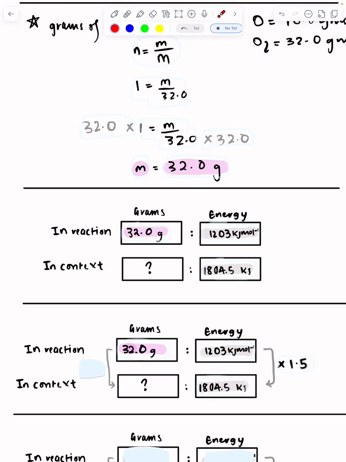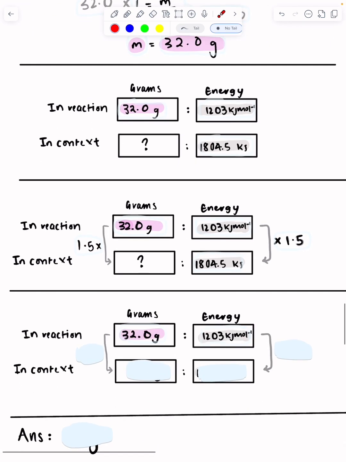Once you do that, that gives you the number you need to multiply this grams value by. What you do to one side of the ratio is what you do to the other side. It's like a little bit of a mirror. So 32.0 times 1.5 gives me 48 grams.